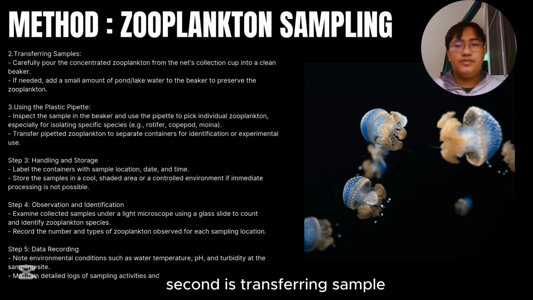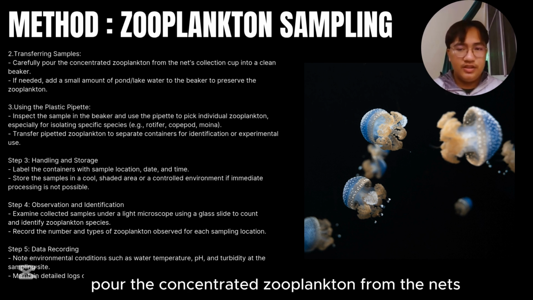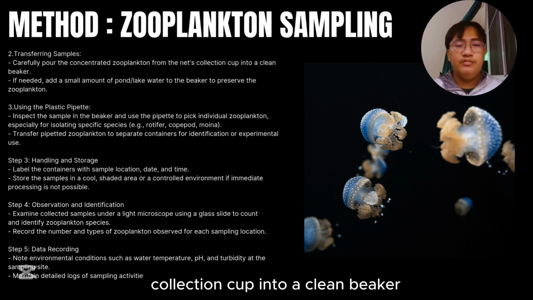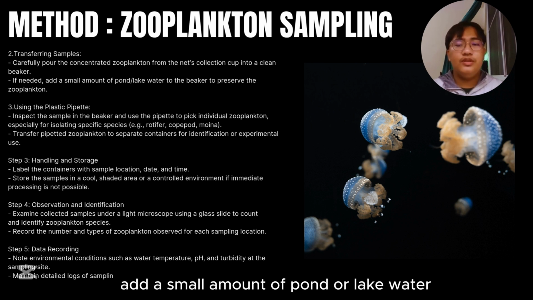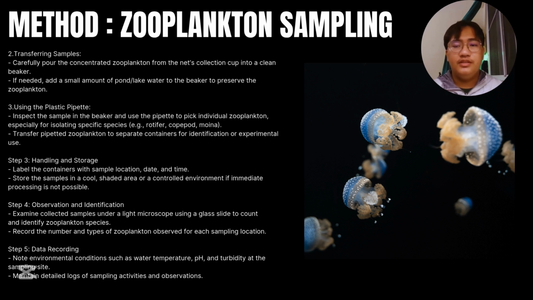Second is transferring the sample. Carefully pour the concentrated zooplankton from the net collection cup into a clean beaker. Next, if needed, add a small amount of pond or lake water to the beaker to preserve the zooplankton.